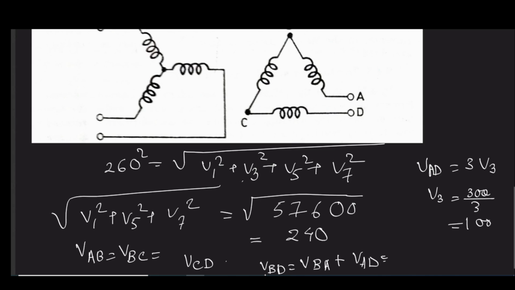In a nutshell we can write it like this: 240 square plus 2 into 100 square, because there will be 2 V3, right? So that will give us 312.41 volt, right?